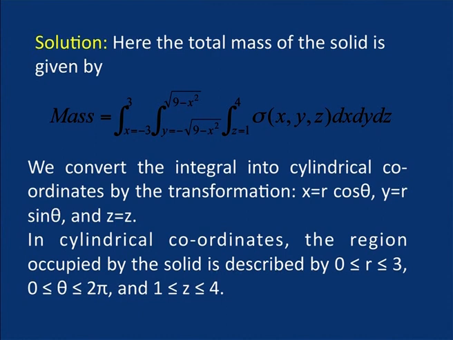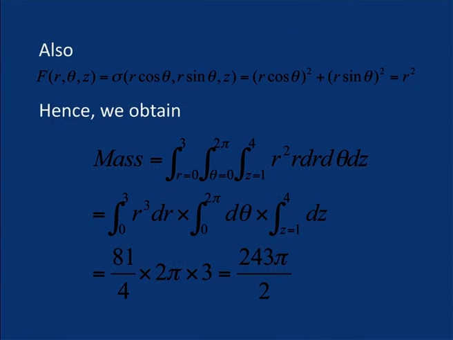In cylindrical coordinates, the region occupied by the solid is described by r from 0 to 3, theta from 0 to 2 pi and z from 1 to 4. Also, sigma(r, theta, z) becomes sigma(r cos theta, r sin theta, z), that is equal to (r cos theta) whole square plus (r sin theta) whole square plus z square.